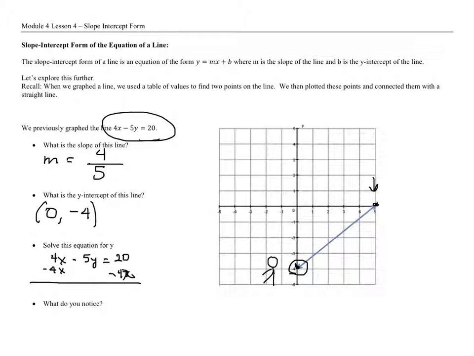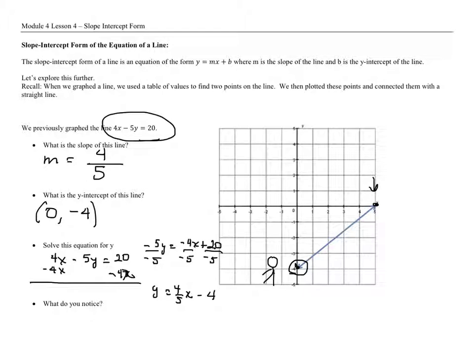So we will get -5y is equal to -4x plus 20. And I'm going to divide through by -5. So my equation now is y equals -4 divided by -5 is just 4/5 regular, x. 20 divided by -5 is -4.